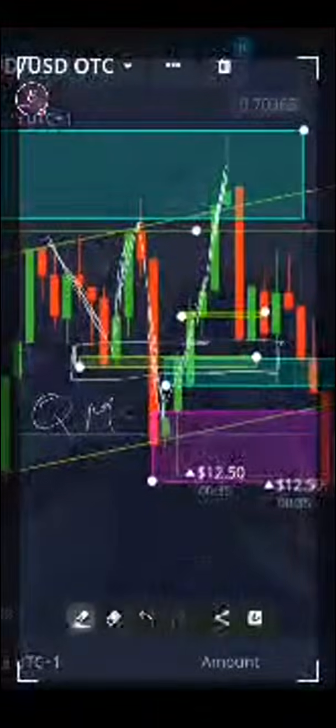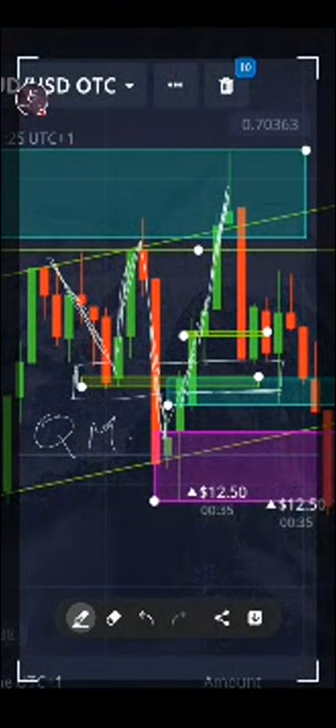I'm intentionally tracing it aggressively so that you can see it. This is the QM. All this area down here is a QM zone. Anytime you see this pattern in the market, this is a QM.